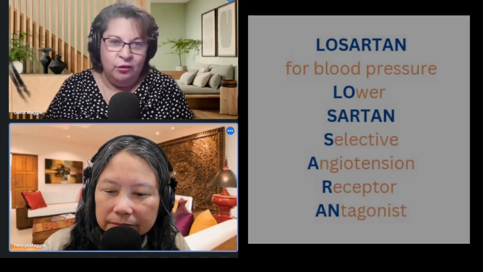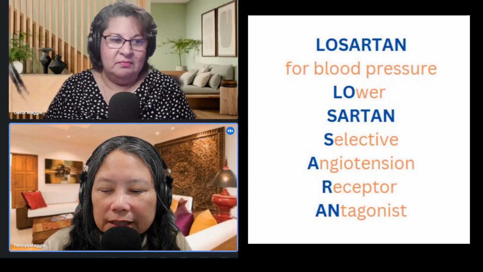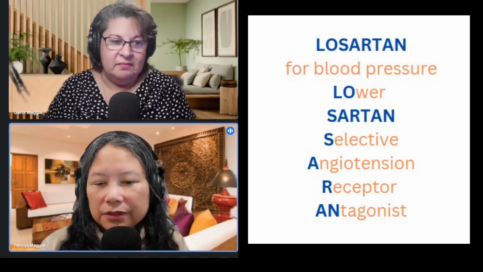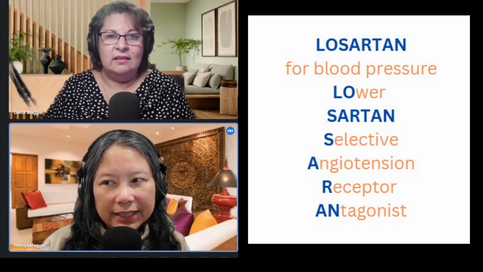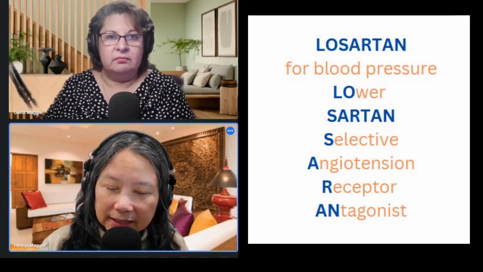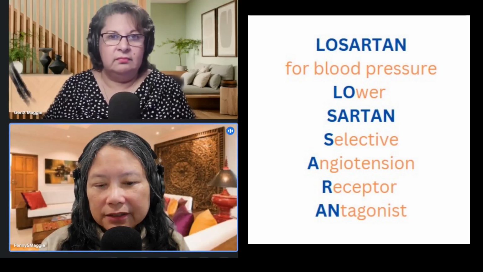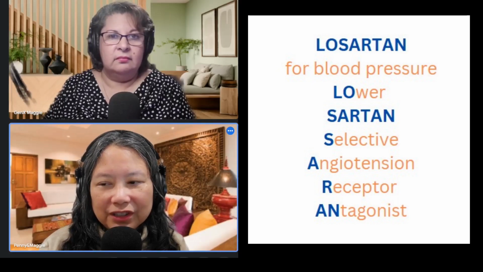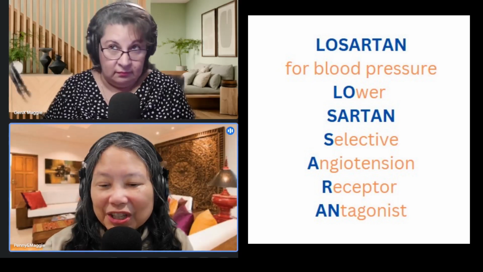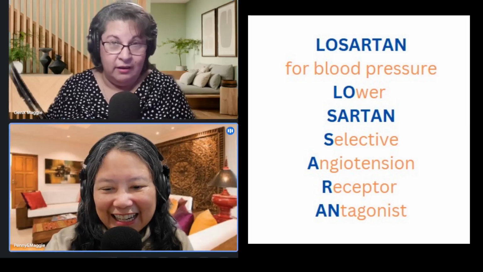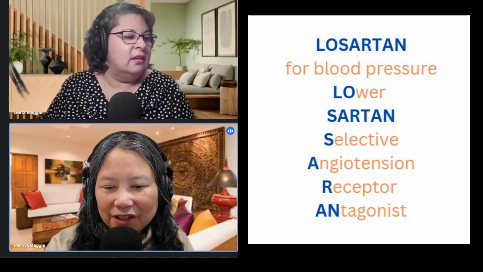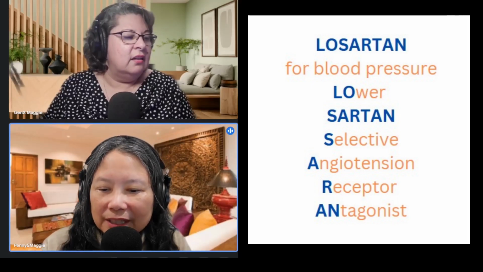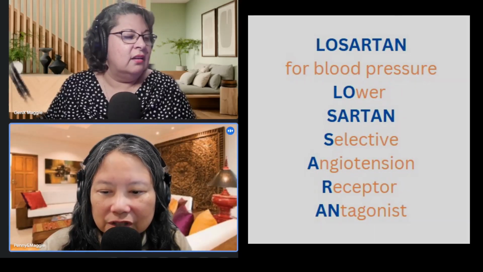Okay. Losartan. That's a blood pressure medication. It's part of a class that we call sartans, and that's derived from selective angiotensin receptor antagonist. So you'll see in the word, it's the S, the A, the R, and so that's how they got losartan.